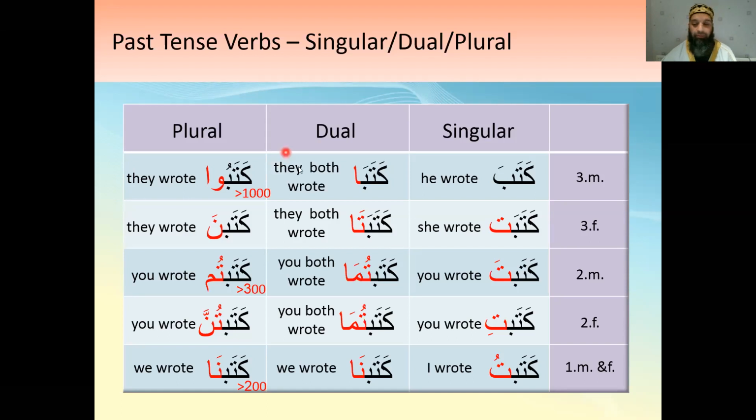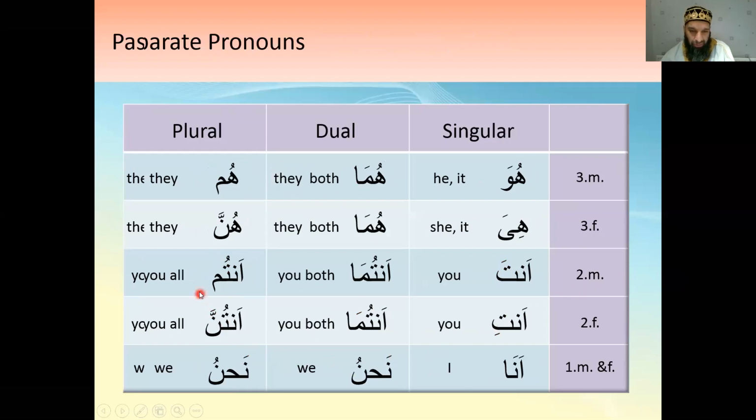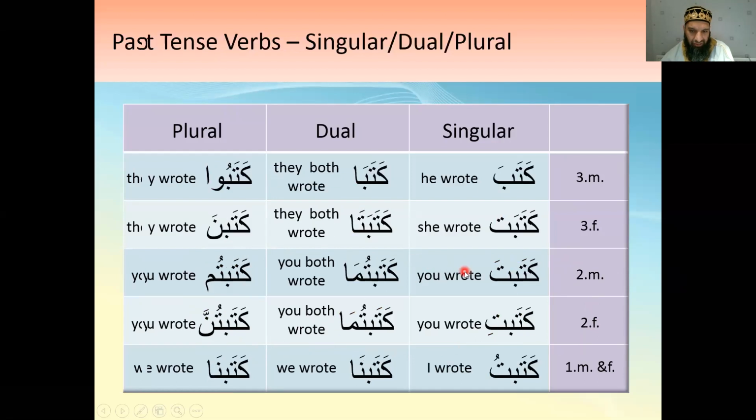Yes. Okay. The reason why I did this is to show you, if you look at this table, look at the 2M and the 2F here. Look at the endings. The endings are the same. Anta katabta, anti katabti, antuma katabtuma, antum katabtum, antunna katabtunna.